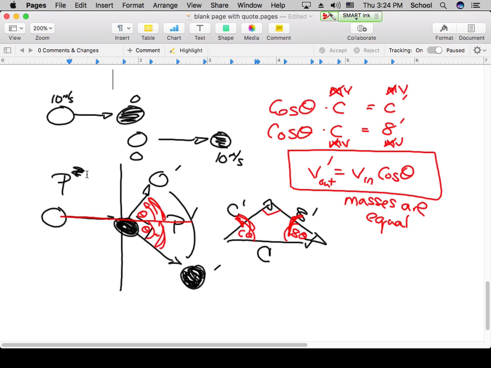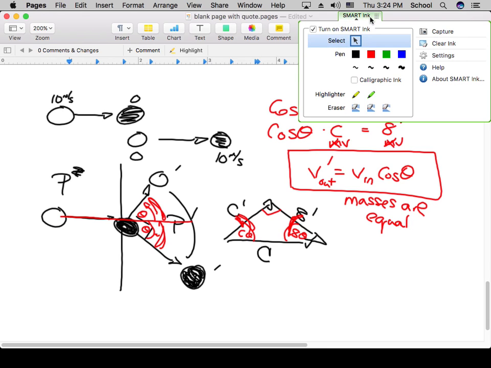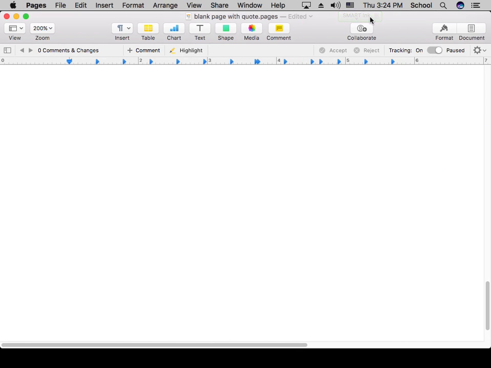Now, what happens if the masses are different? What happens if we have a bowling ball that's going toward a bowling pin? Again, we're looking down from the top.